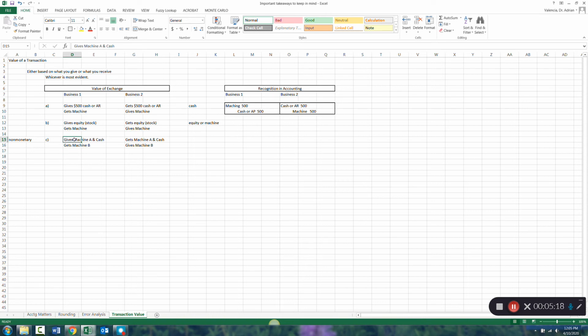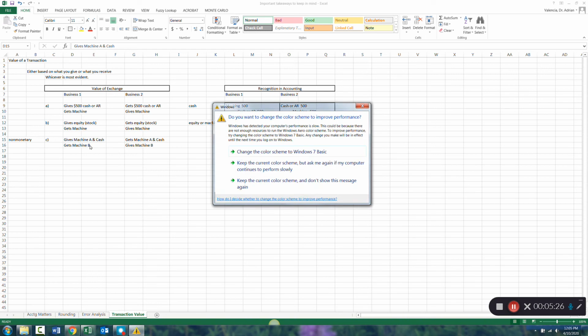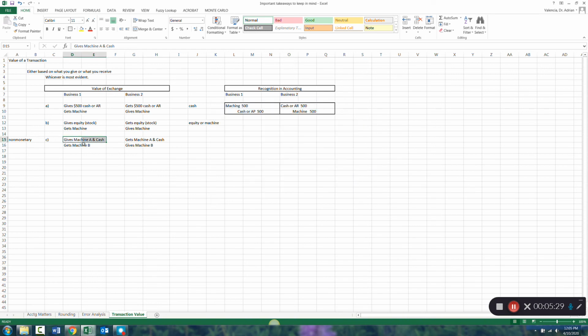So if I am business 1 and I am giving my machine A plus cash, it must mean that machine B is worth more than machine A, right? Because I'm giving that machine, and on top of that, I'm throwing in some cash.